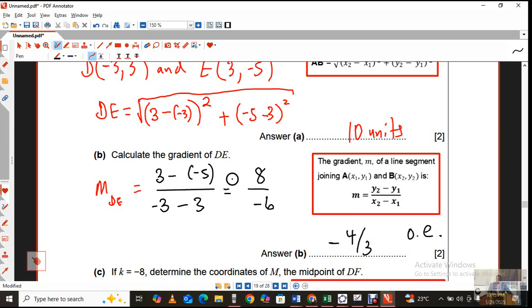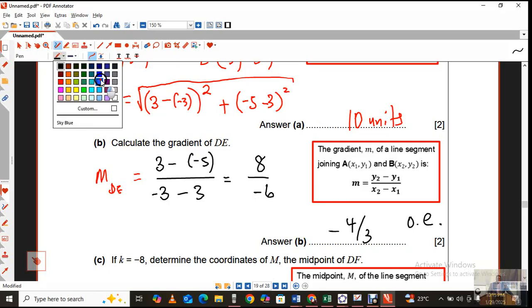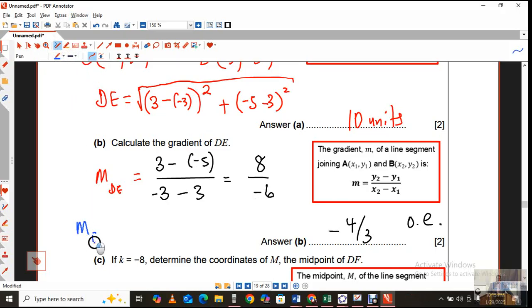Of course, you would get the same answer if you were now doubting. Like if a learner or a student was saying, now what if I was to take the gradient of ED?